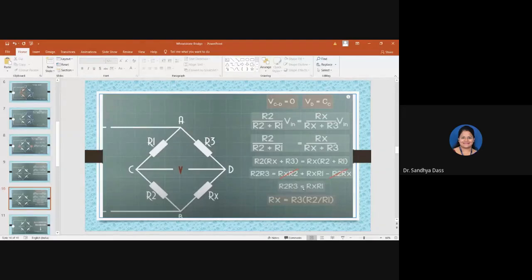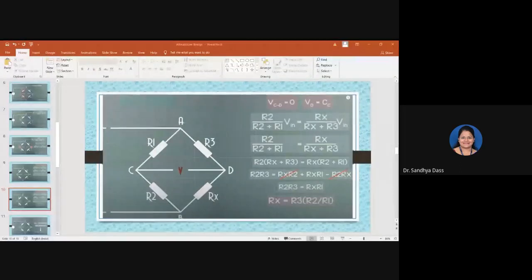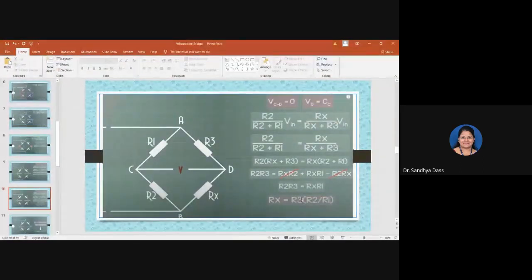Can you get that ratio here? R1 by R2 is equal to R3 by Rx. Correct? So using that equation, we can always find the unknown resistance that is connected here.